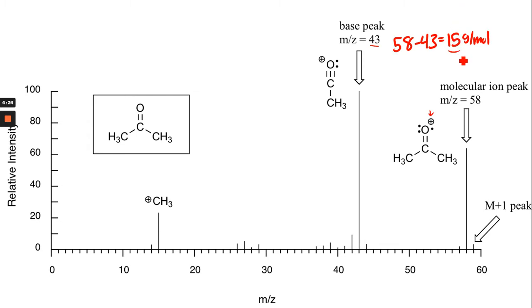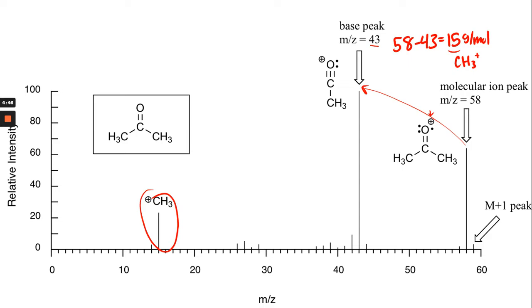And a mass of 15 happens to be our CH3 group. Carbon and 3 hydrogens have a mass of 15. So when you have that difference, what happened was the CH3 ion came off. So if we look down here at a mass of 15, we can actually find that. And then the rest of it left over had a mass of 43.